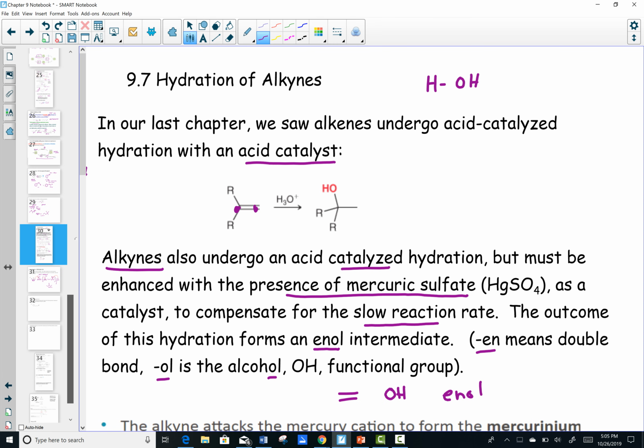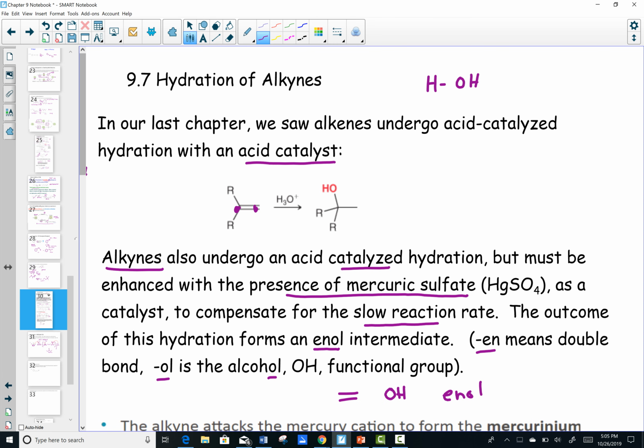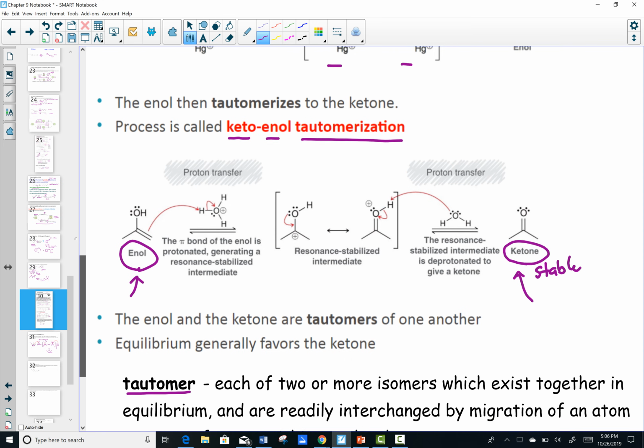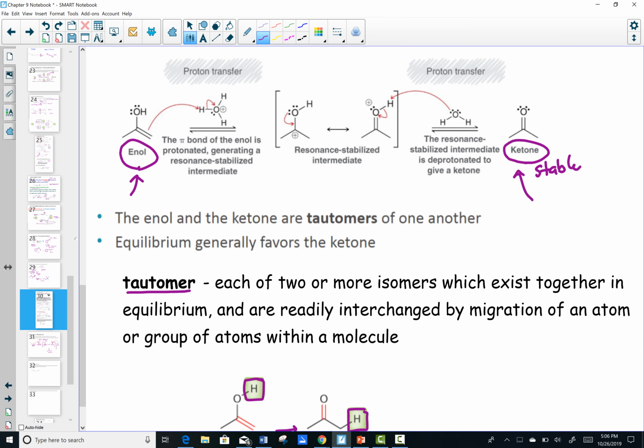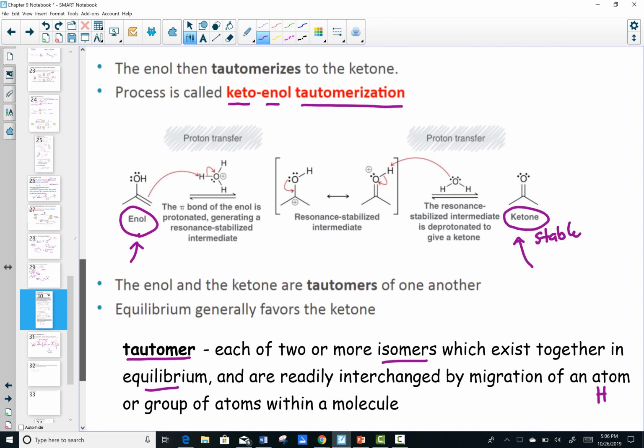What we were just being asked to do is to create that dynamic equilibrium of this tautomer. Tautomers are isomers that exist together in equilibrium and are readily interchanged by migrating an atom, in this case a hydrogen, and the electrons of a pi bond.